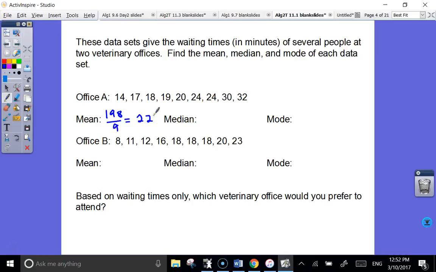Okay, they're in order, so we should be able to tell the middle value is 20, right? So that's going to be 20. And the mode is 24. Okay. So let me do the next one. 8 plus 11 plus 12 plus 16 plus 18 plus 18 plus 18 plus 20 plus 23. 144 divided by 9. 16.